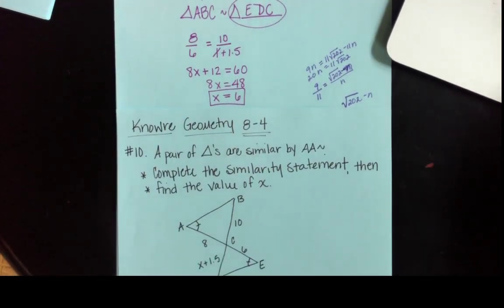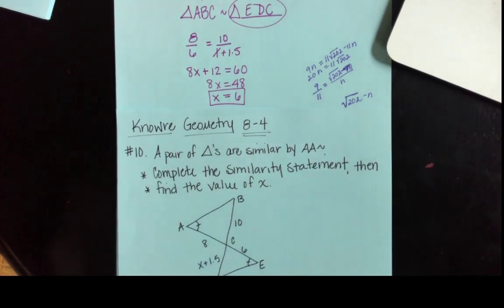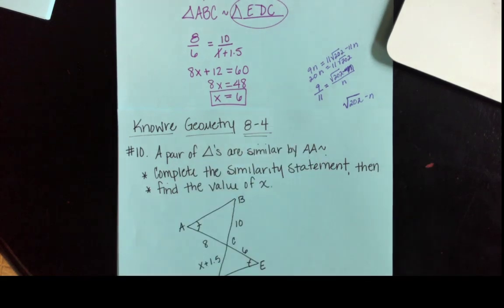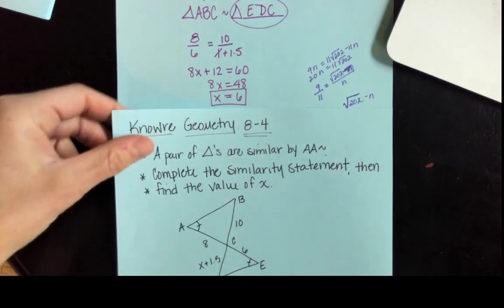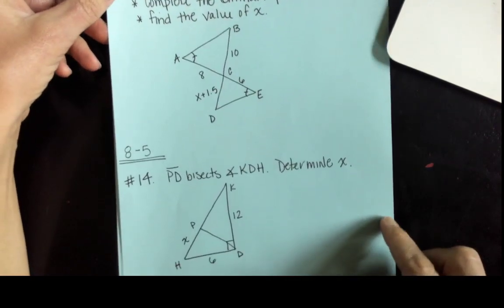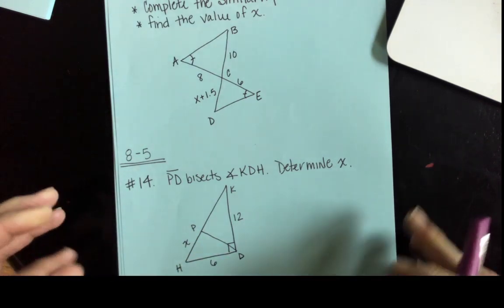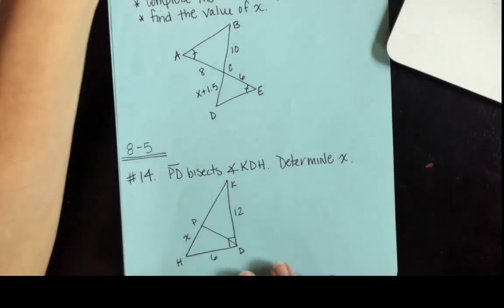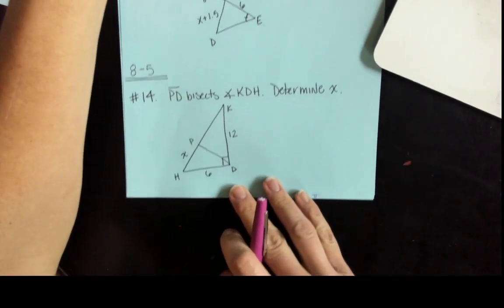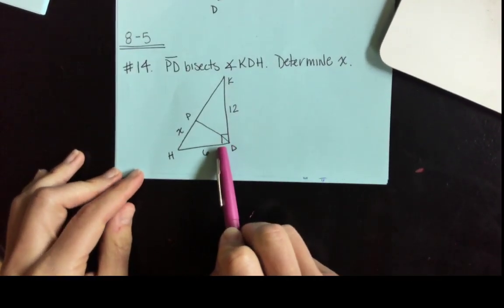Now, I'm not sure if anybody had any questions on a problem like number 10 from 8-4, but I am certain that some of us would have questions about number 14 from 8-5. In 8-5, as I move this up, it gives us this right triangle.